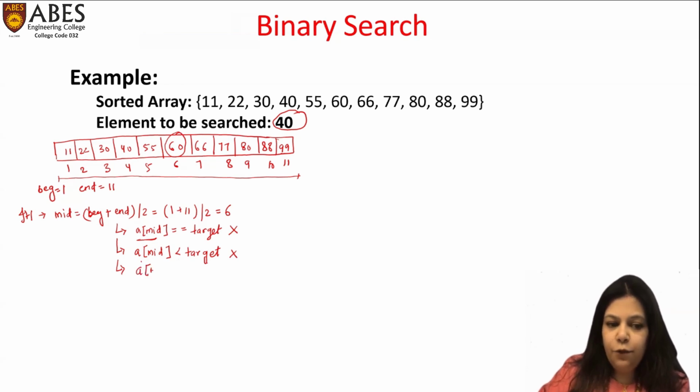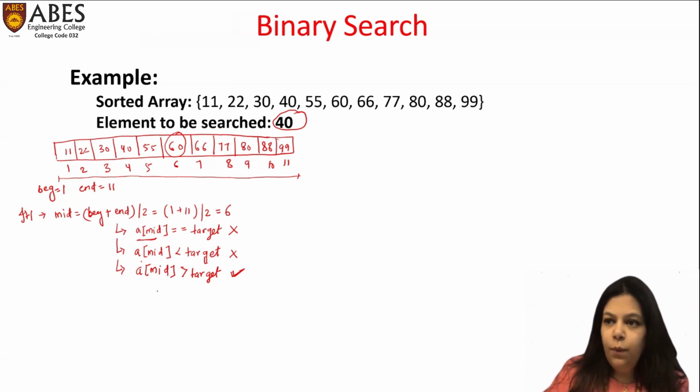And the third case that we have to check is whether the value at A mid is greater than our target or not. Yes, as we can see that A mid is 60 and the target value which we are searching for is 40. So this condition is true. Right. So in this case, we have to reduce the array in such a way that the right half of the array will be ignored and the search process for the next iteration will remain in the left part of the array.